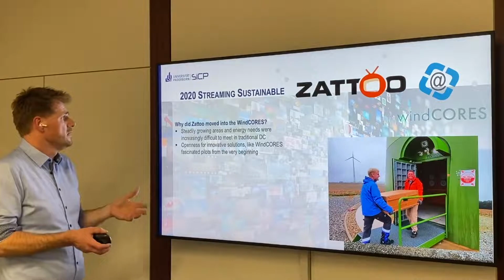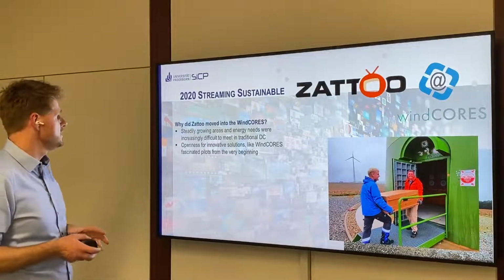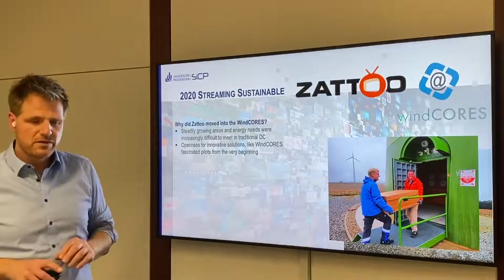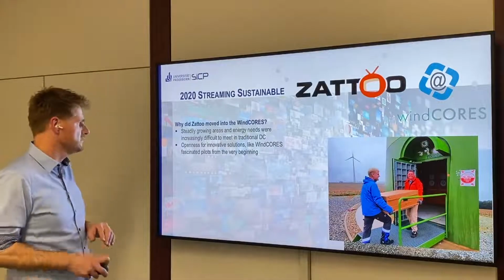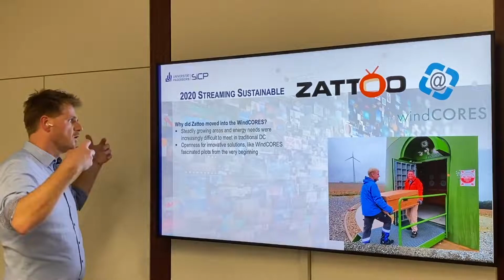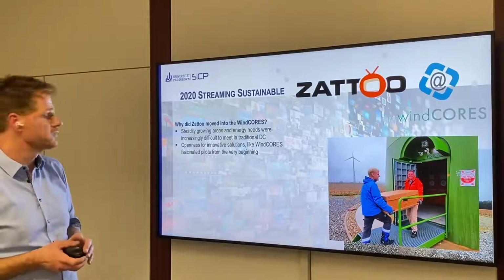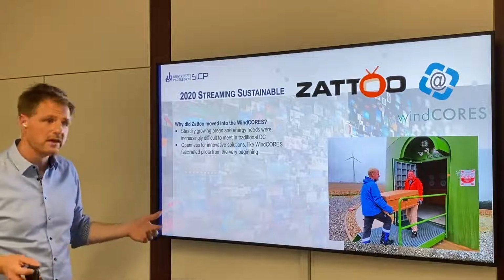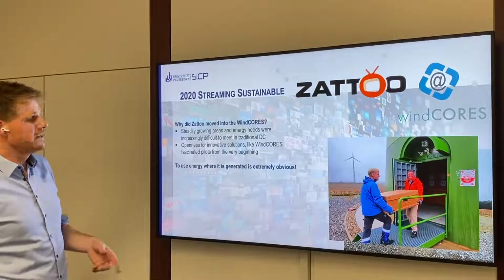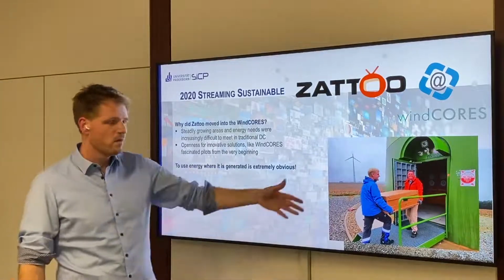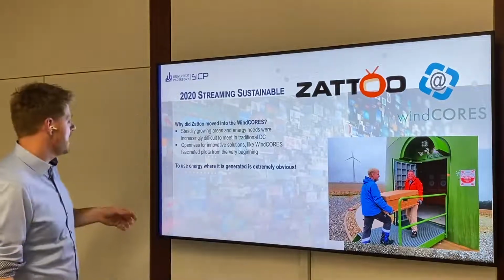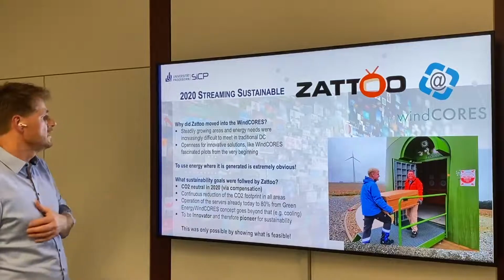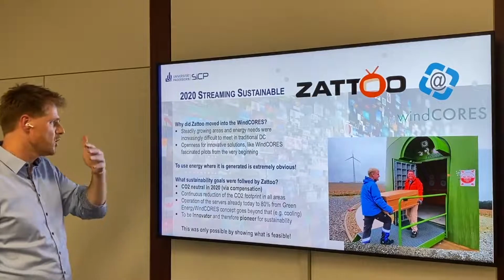Because of steadily growing energy needs, it was difficult to meet their needs with the solutions in the data center. They had an openness for innovative solutions like the wind cores, and they said, let's give it a try. Here you see one of the early pictures where they went into the prototype, and they said, let's use the energy where it is generated.